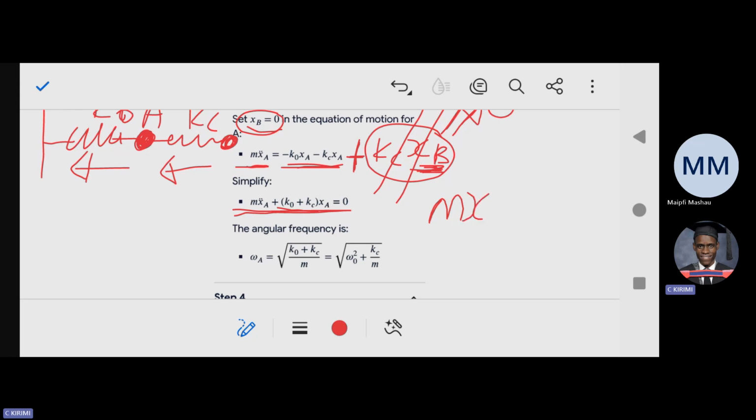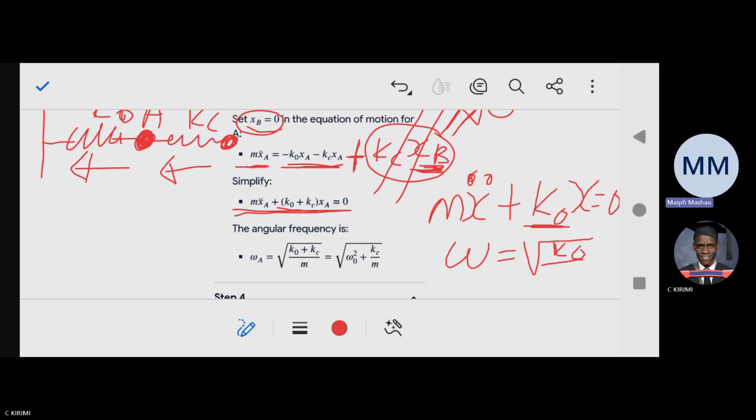Any standard equation for mass times acceleration, Newton's second law of motion, whenever it's given like mass times acceleration plus k naught, and the displacement x is equals to 0, always your omega is equals to the square root of the coefficient of x, which is k naught, over the mass.